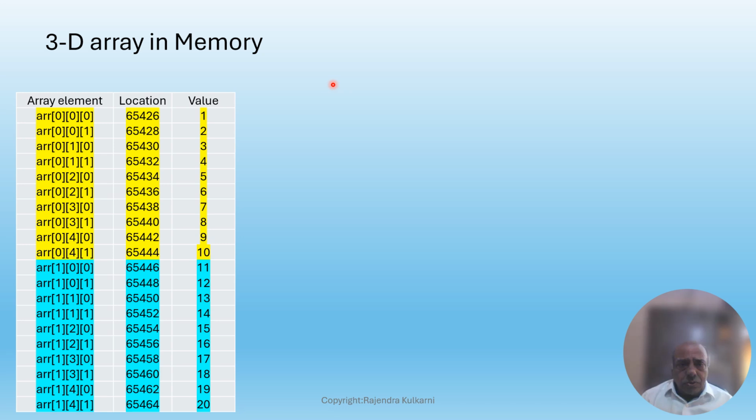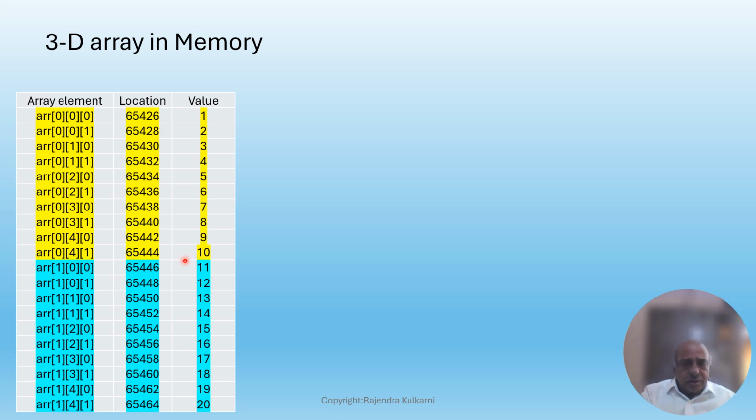So ARR[0][0][0] we have seen is allotted a location having address 65426, and then the subsequent values of 1 to 10, which we have assigned to the 0th element of the 3D array, are allotted memory locations in consecutive or contiguous locations.